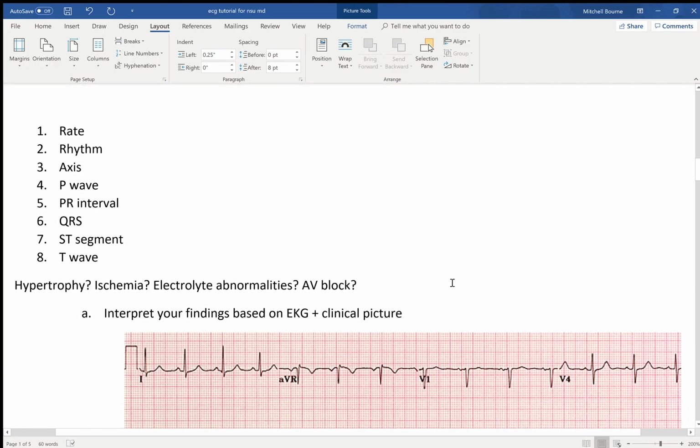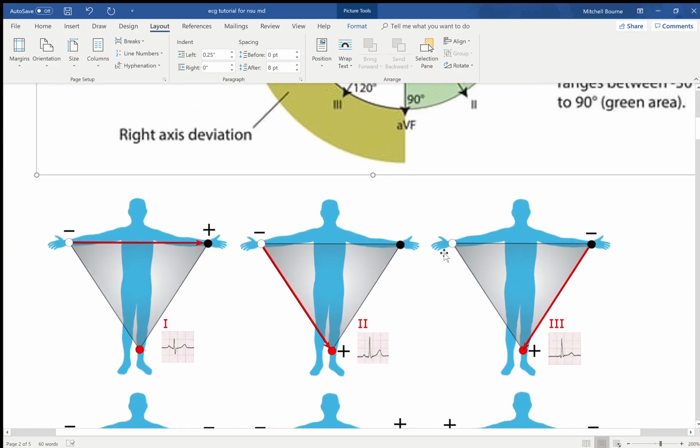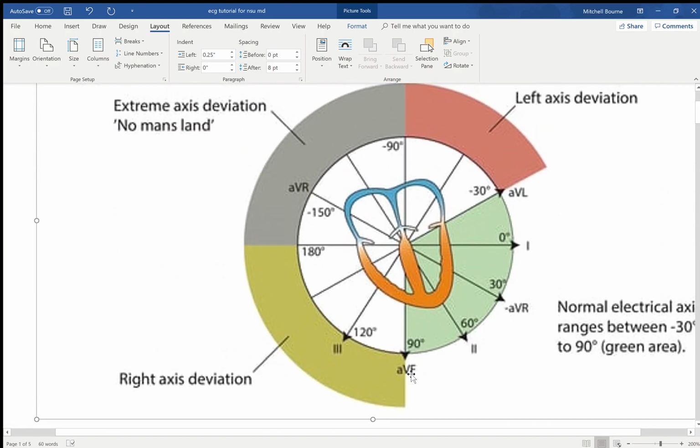So let's go down here and check. So we look at AVF. It's positive. It's only positive, right? Okay, so let's go up here. So this is AVF. So it's all positive towards AVF. So according to AVF, it has to be somewhere in these 2 circles. We know it's not on this side though, so it's not on this right here. So we know that it has to be in this grid right here.